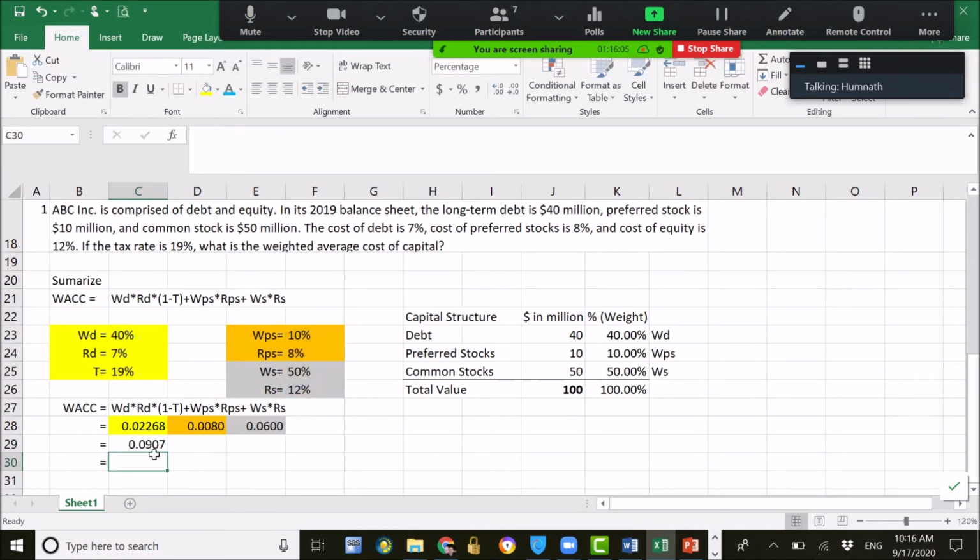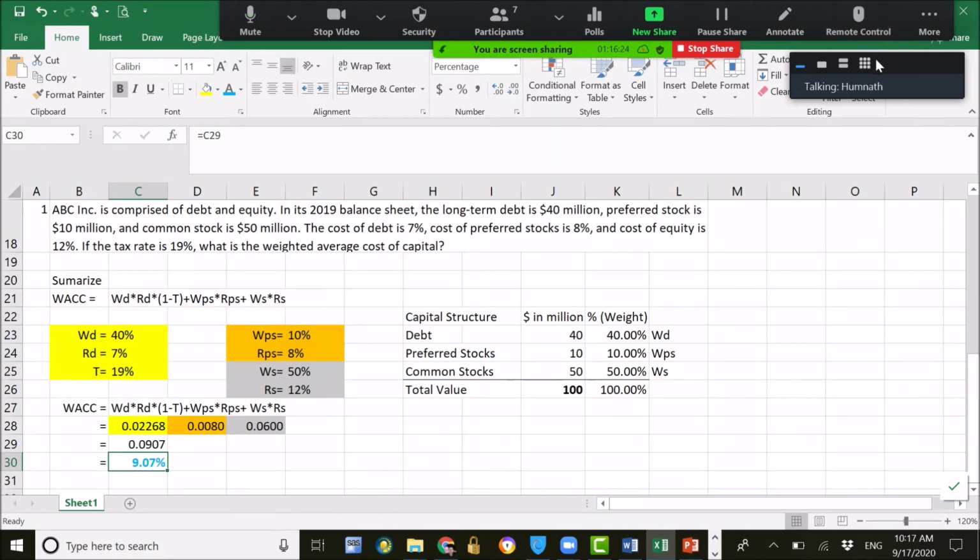That's gonna give you the weighted average cost of capital in decimal format. You just format that number to percentage. It is 9.07%.